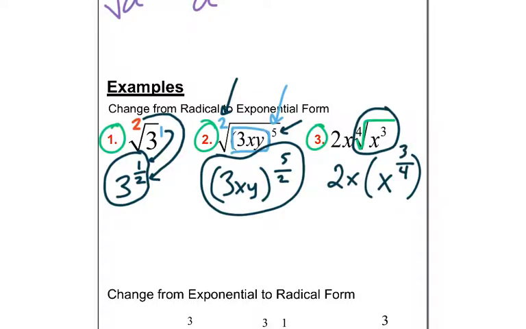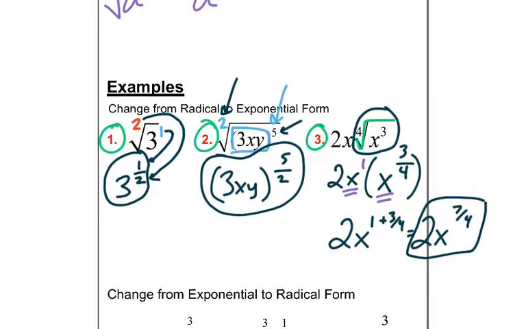Great. Now, we could actually go further because we can go back to exponents and talk about when we have the same base, what do we do with our powers, and we can add them. So this will actually be 2x raised to the 1 plus 3/4. Common denominator, we get 2x to the 7 over 4.